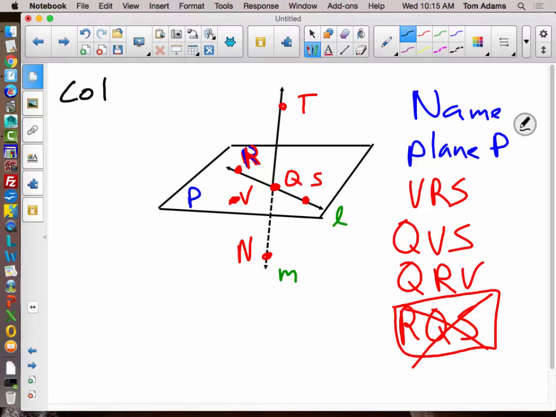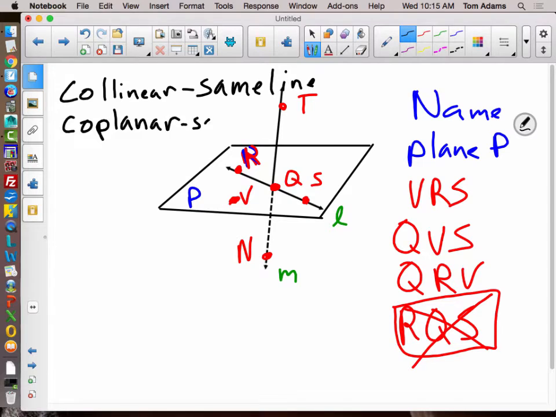I can never remember. Yeah, it's 2 L's. Collinear. Well, that just means same line. What do you think coplanar means? Same plane. Okay? So coplanar means same plane.